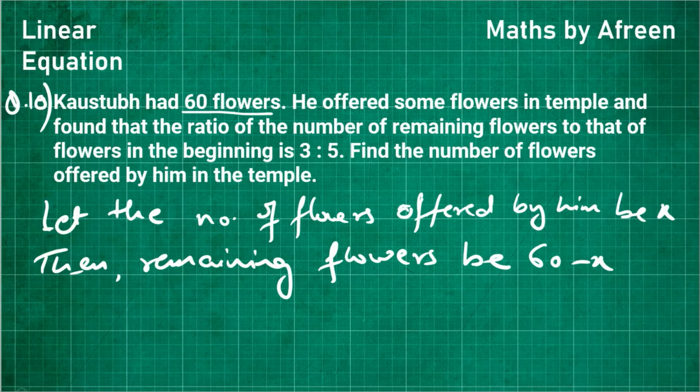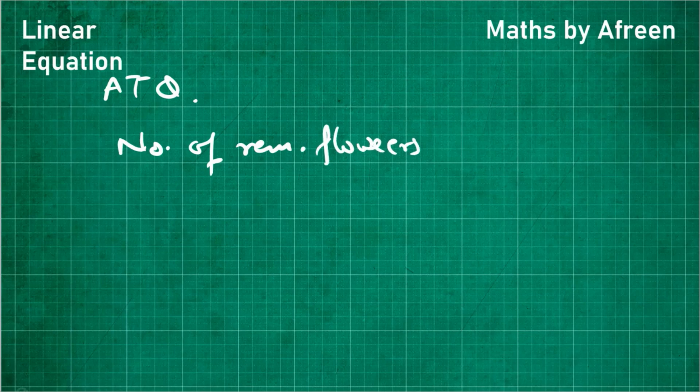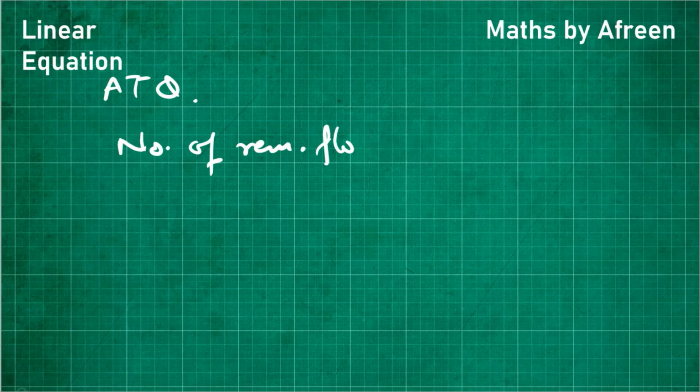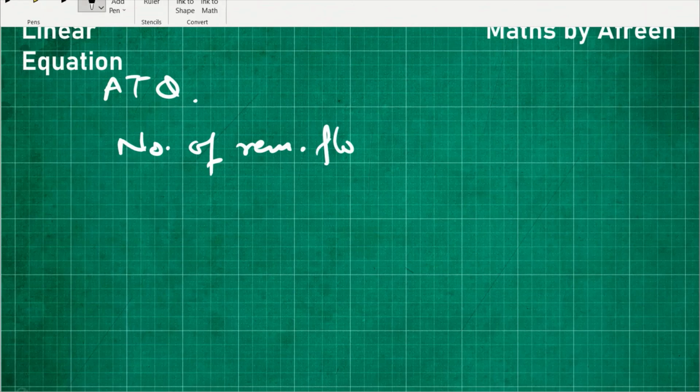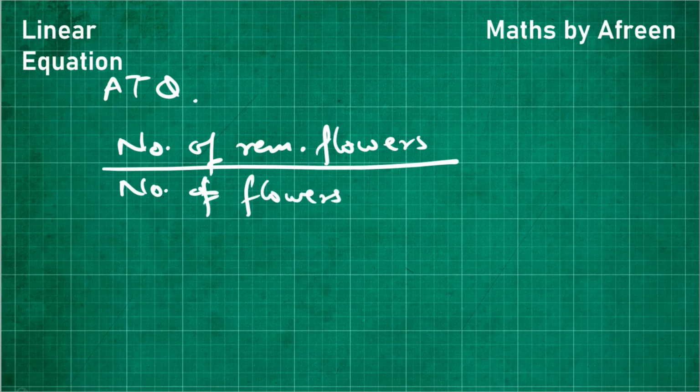Now according to the question, I will write it in the next slide. According to the question, number of remaining flowers, I will correct it, number of remaining flowers to the ratio of number of flowers in the beginning equals 3:5.